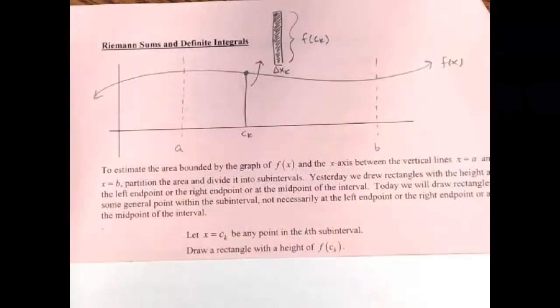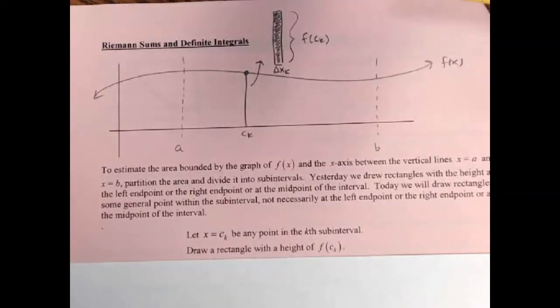We're still going to split it up, but obviously the more rectangles you have, the narrower each one is, and the better your approximation would be. I think we talked about that a little bit last time. The more rectangles you have, the closer your estimated area will be to the exact area.